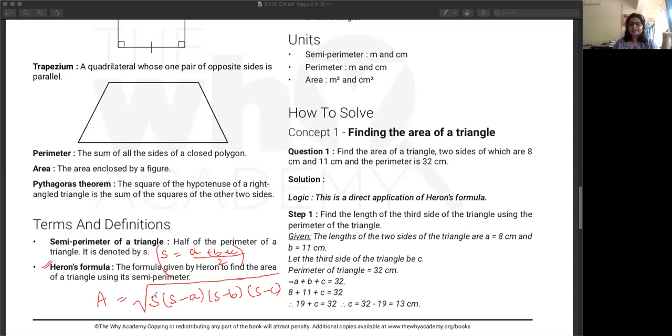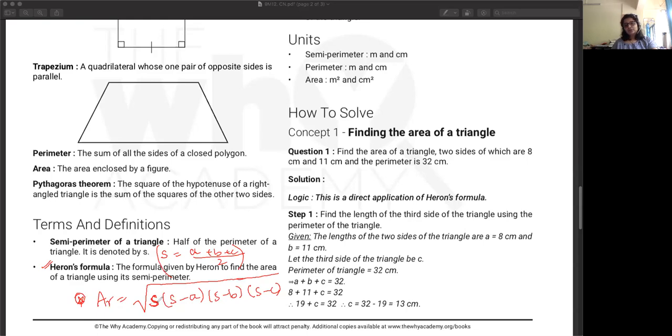S is the semi-perimeter, and then you just have to subtract every single side from it: s minus a, s minus b, s minus c. So this is the formula for area. Okay. So note down this formula. This is what you'll be using mostly in this chapter.